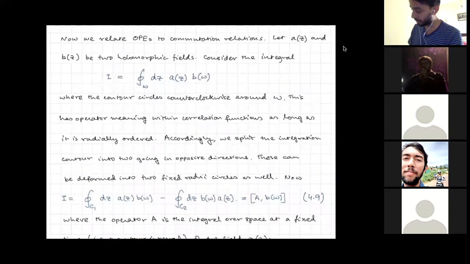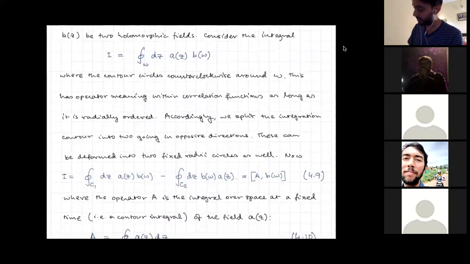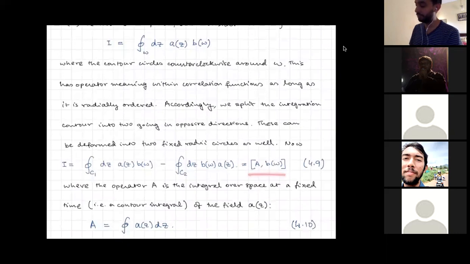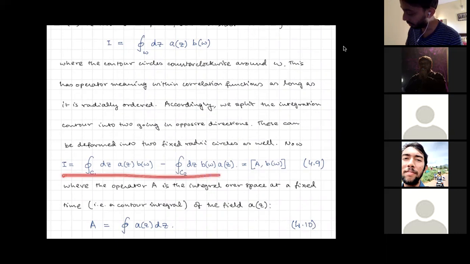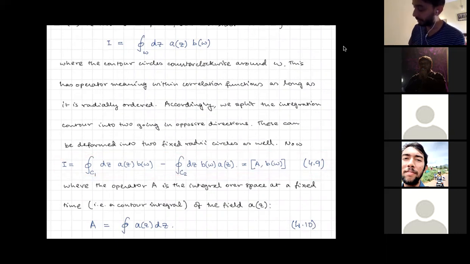So that's what we have out here. We had something here which was an integral, and we have split it into two, and we have shown how this actually defines something like this particular bracket here. Okay, 4.9 is an important relation.